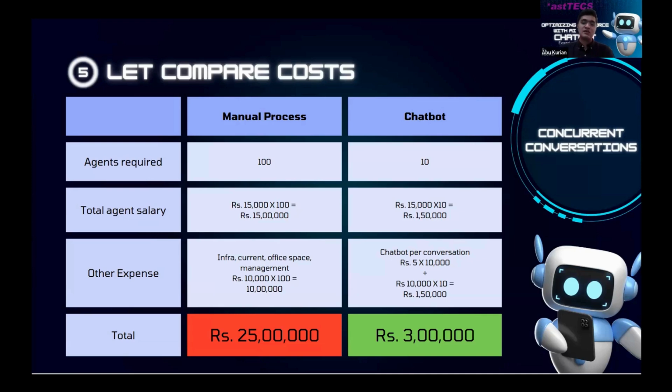So ultimately it comes up to 3 lakhs for the same application, or not actually the same effect, but a better effect in terms of customer satisfaction, because each of your customers is getting served faster, getting served better, getting the right answers, with reduced errors. So it is a better solution, and it is a cheaper solution.